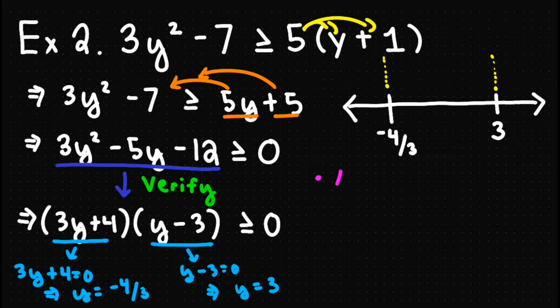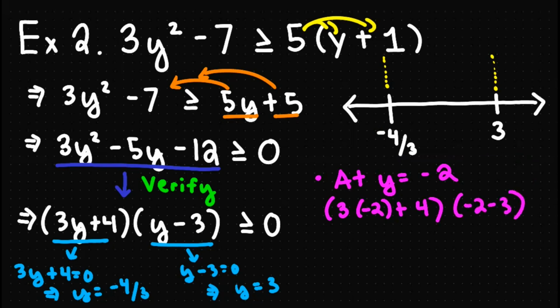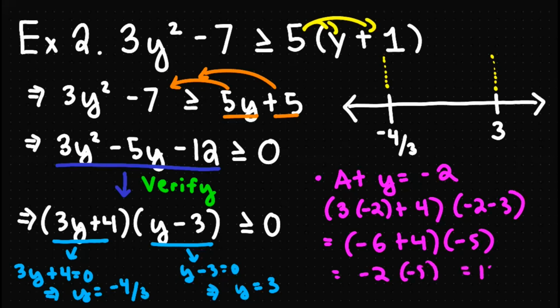Then at y equals negative 2, we'll have (3 times negative 2 plus 4) times (negative 2 minus 3). This will give us (negative 6 plus 4) times negative 5, so negative 2 times negative 5, or simply 10, which is greater than or equal to 0. So the region out here is true, since we got the inequality that we want.